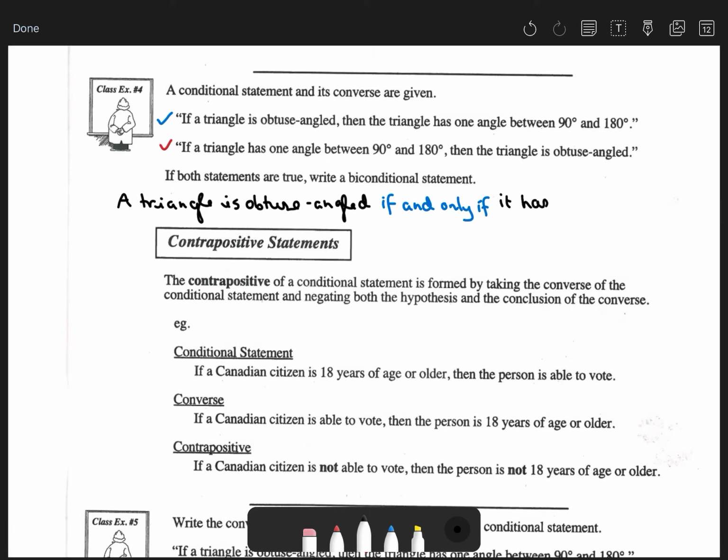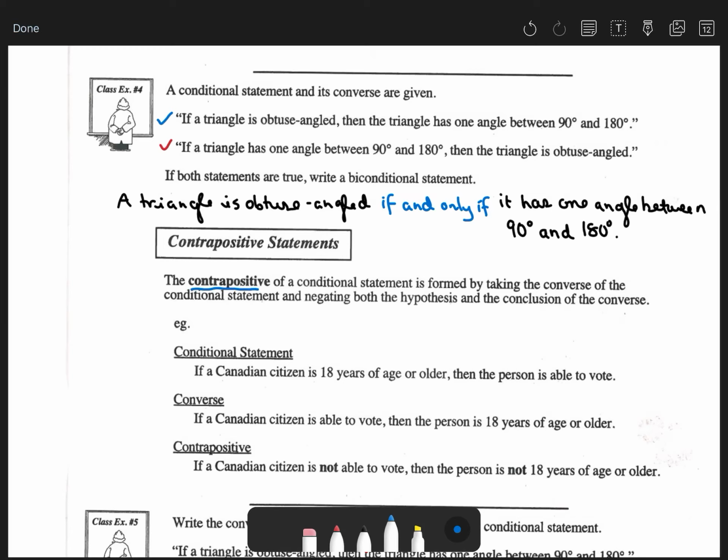If and only if it has one angle between 90 degrees and 180 degrees. Okay, and there you go. So because the original statement was true and the converse is true, I can write them as one combined statement using the phrase if and only if.